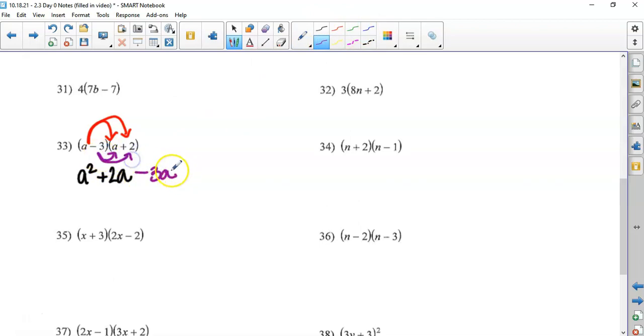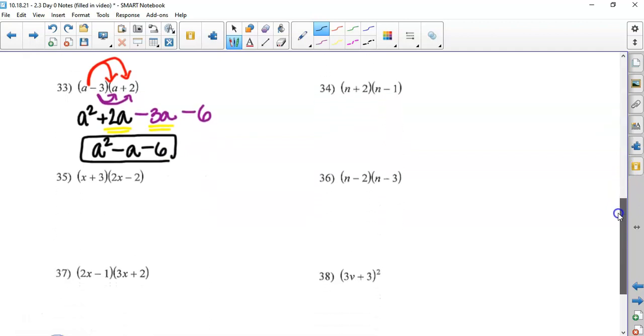Negative 3 times a positive 2 is negative 6. Like terms. This is a squared, this is a. They do both have a's, but this is raised to a power of 2. This is not. So my like terms here are positive 2a and a negative 3a. My final answer is going to be a squared minus a, or minus 1a, minus 6. And that's as far as we can go.